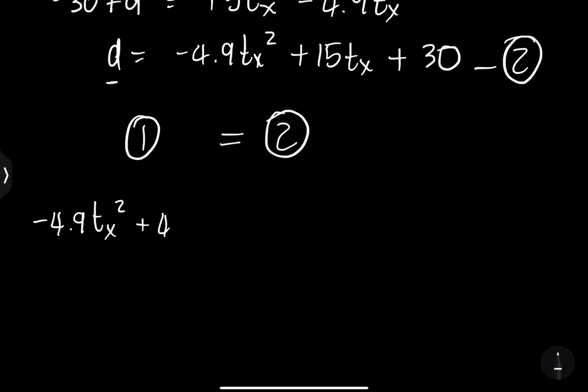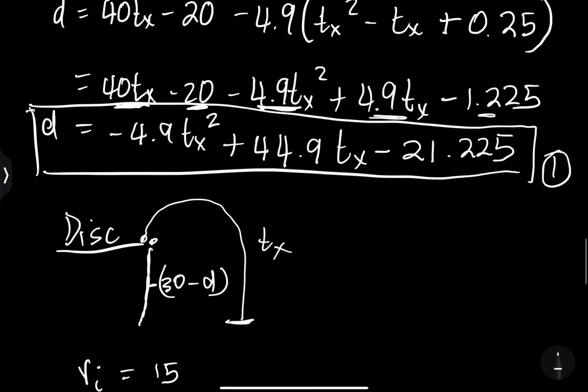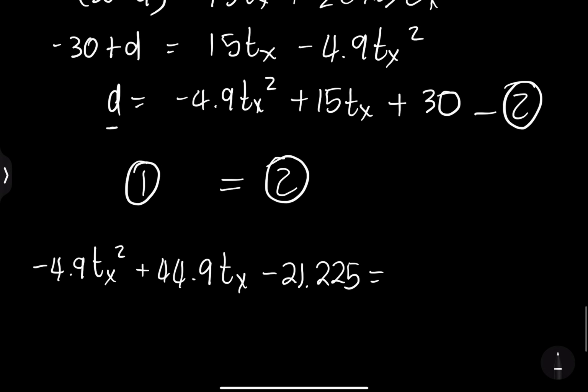plus 44.9 tx. Okay, I think we had minus 21.225, which will be equal to, now let's just check if we are correct. Plus 44.9 minus 21.225. Yeah, I think we are correct.